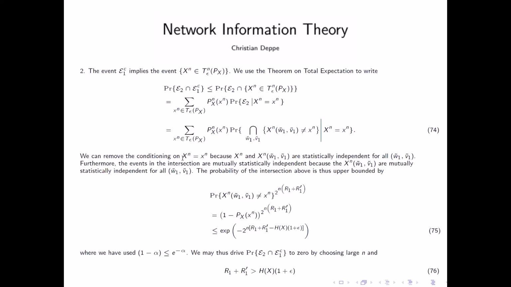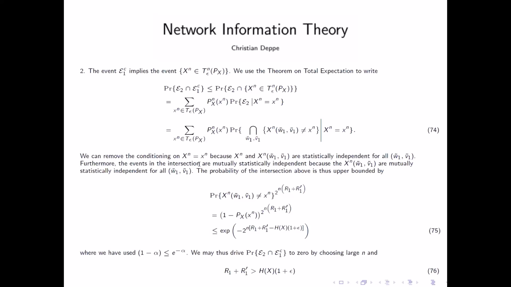But we know that we can remove the condition that Xn is equal to small xn, because all code words are statistically independent for all W1 tilde and V1 tilde. We just constructed the codebook in this way.